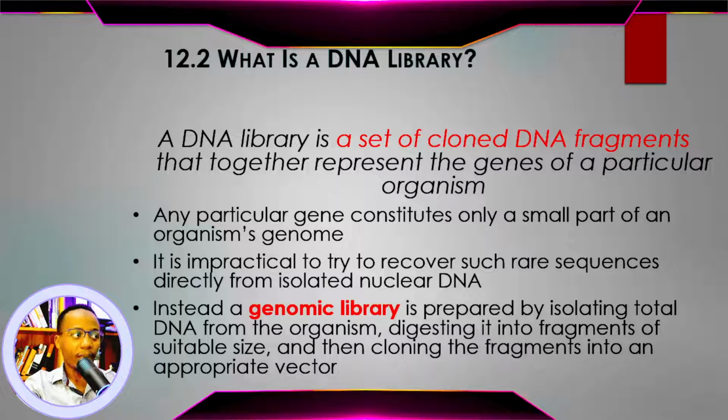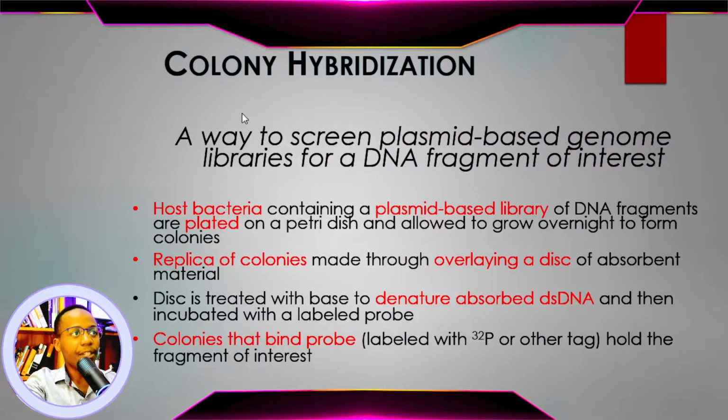And how do we use them? We use them to screen for DNA segments, and we call this colony hybridization. This is a way to screen plasmid-based genome libraries for a DNA fragment of interest, right?